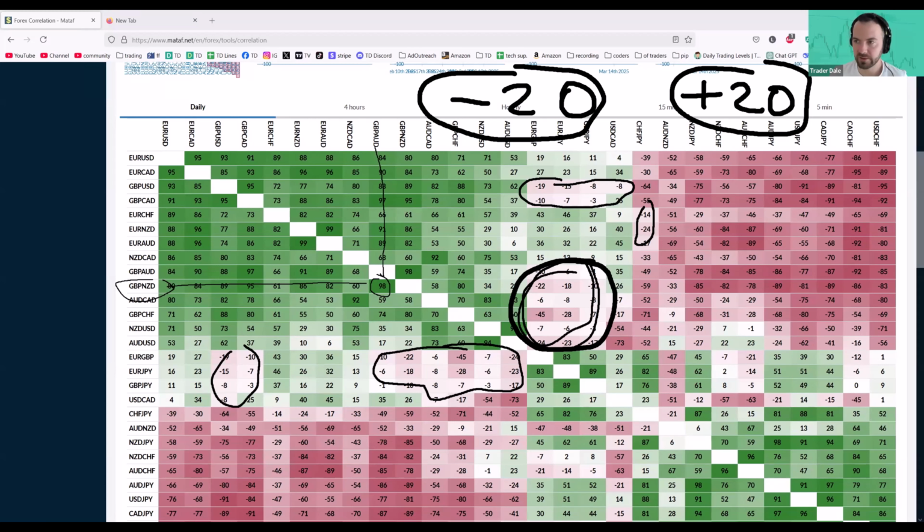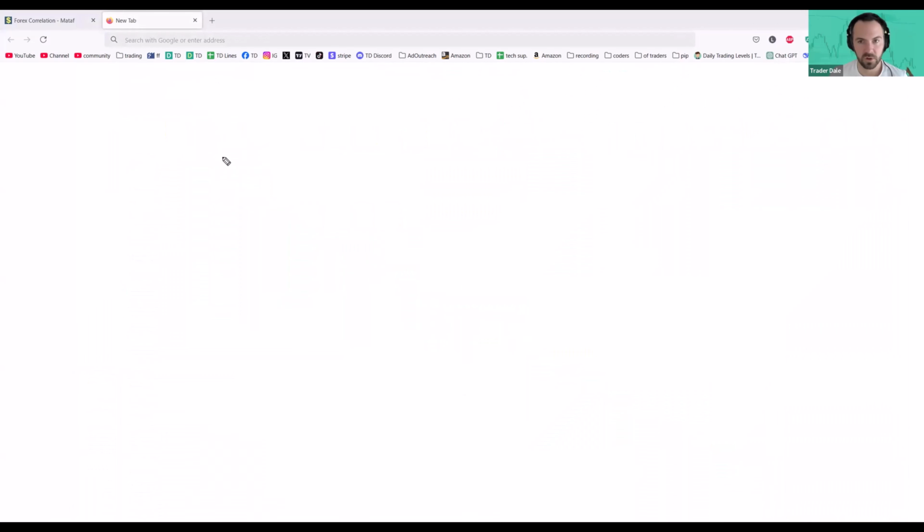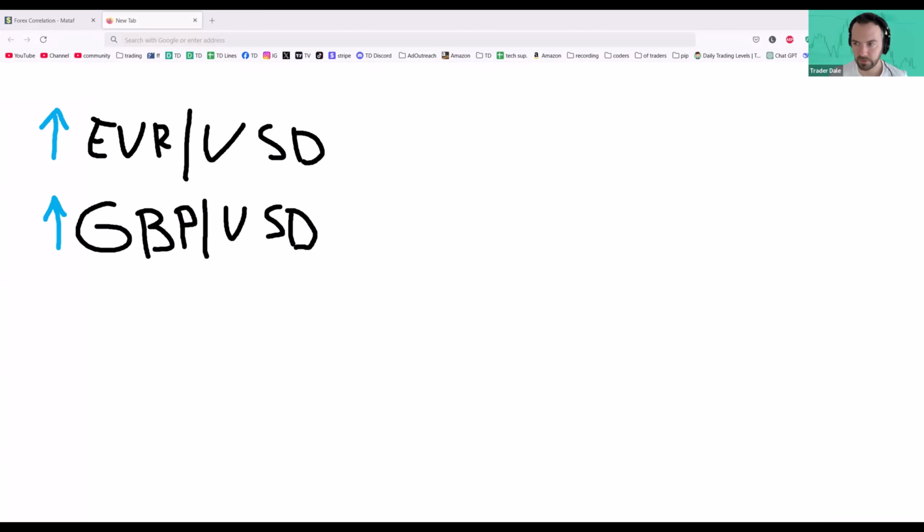So if I enter 3 trades which are heavily correlated, let's say I enter long on EUR/USD, I enter long on GBP/USD, and let's say short on USD/JPY, then what happens when the US dollar starts to strengthen?